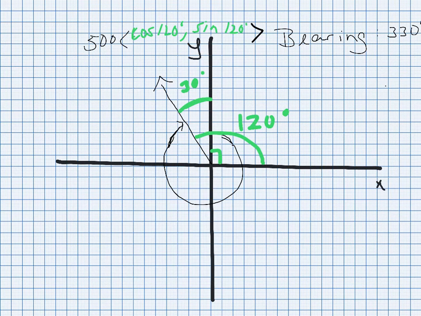So now I know the magnitude, which is 500 miles an hour, and it's going in this direction. However, there's a side wind. And that side wind is coming at a 45-degree angle. So the wind is going northeast.